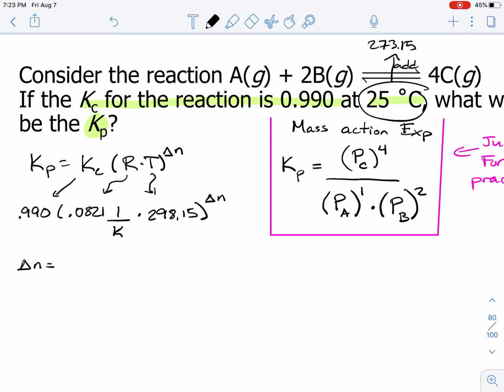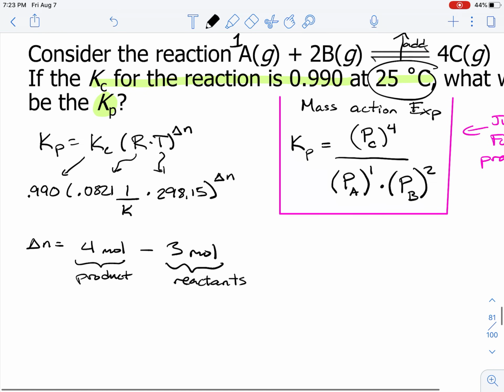Here, for products, we have 4 moles. For reactants, notice that we have A and B. So if this is 1, 1 plus 2 is 3. So we have 3 moles of reactant particles, and the change in n is simply positive 1.